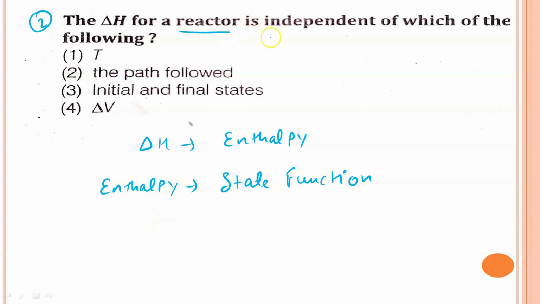Therefore, in the question, we have to tell the independent factor, so it will not depend on the path followed since it is a state function. So second option is correct.